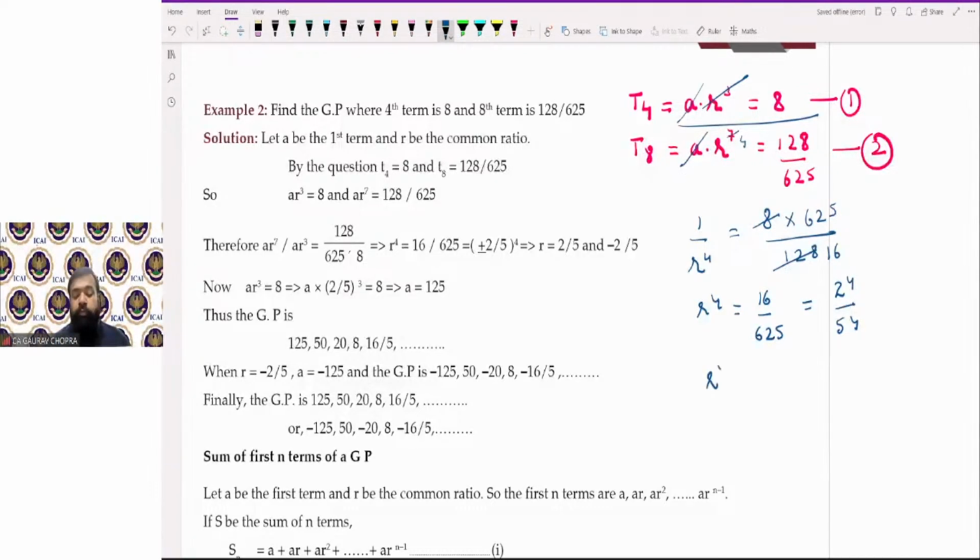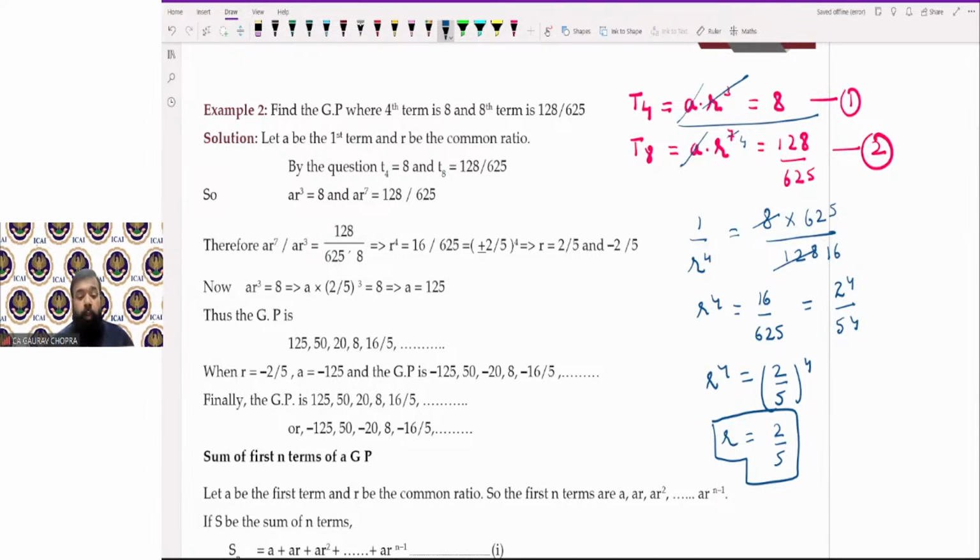So therefore we can write it as 2 by 5 whole to the power of 4. So powers are equal. तो जब powers equal है तो base भी क्या होगा? Equal होगा. So therefore R का value कितना आ जाएगा? 2 upon 5. The value of R will be 2 upon 5. Okay. So in this way you can simplify.